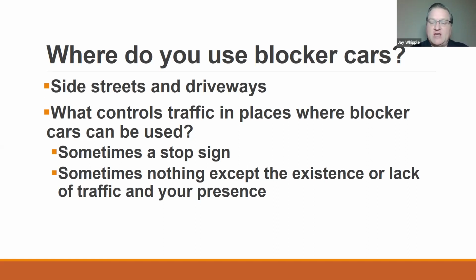And they can go once they've stopped and it's clear and safe for them to enter the roadway. Sometimes there's nothing. In fact, that's more common than not. There's nothing on that street. The only thing that controls what happens there is whether or not that driver feels like it's safe for them to turn into the oncoming traffic. And of course, your presence.